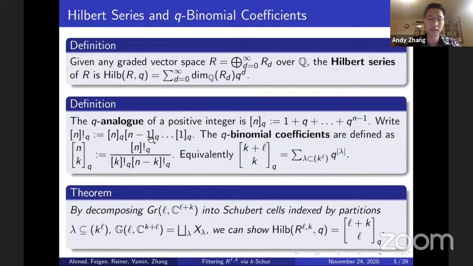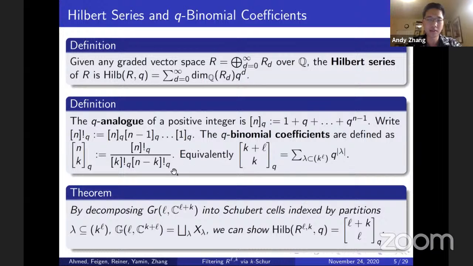Similarly, we could define the q analog of the factorial. It's just what you expected. You take the q analog of n, n minus 1, and so on down to 1, and you take all their product. Then we can define the q binomial coefficients.